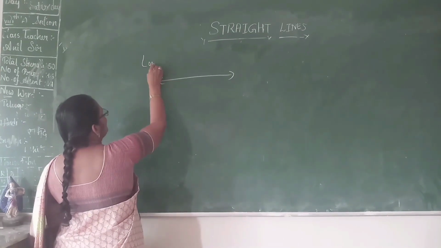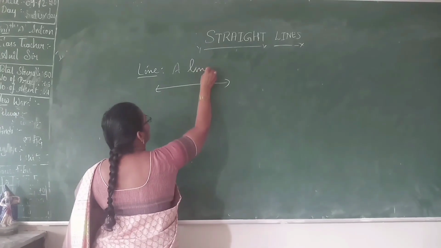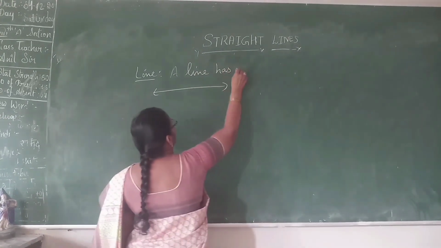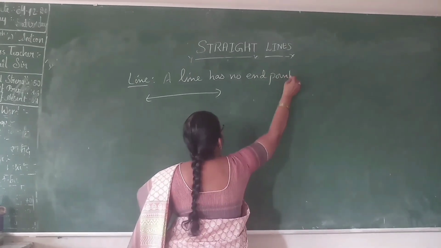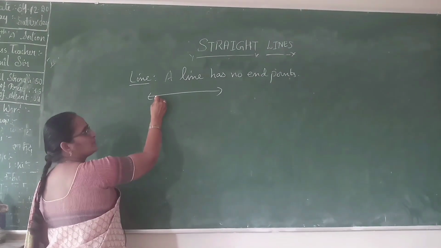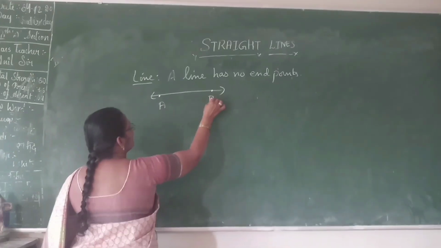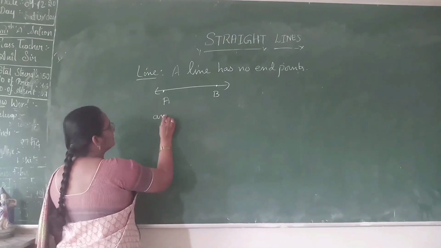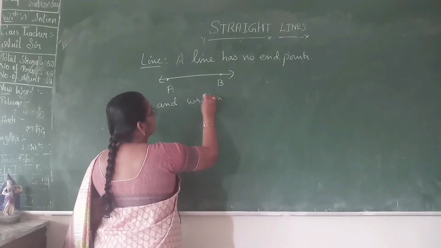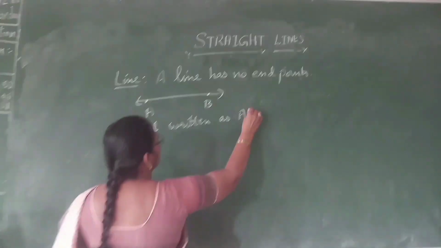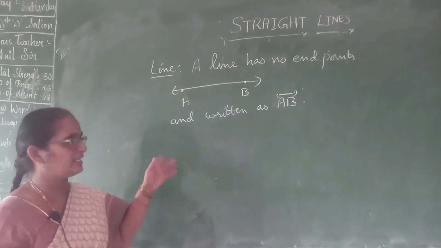We can simply write it as: a line has no end points, and it is represented by capital letters A, B and written as line AB. This is the basic concept of a line.